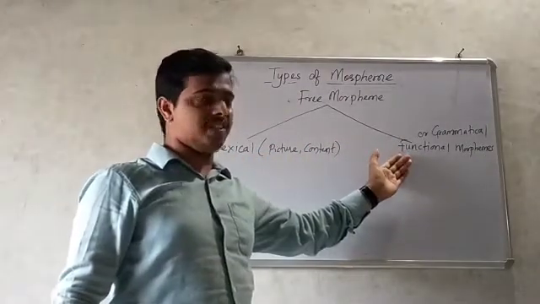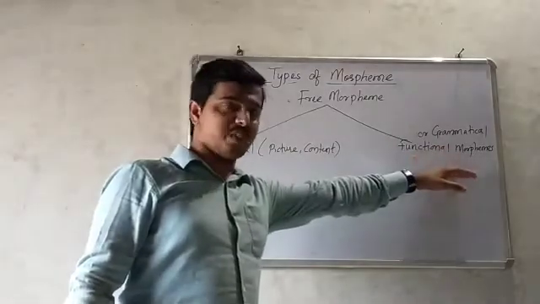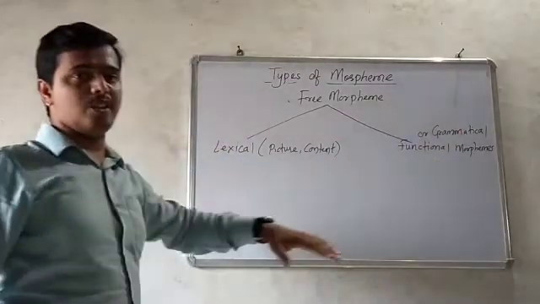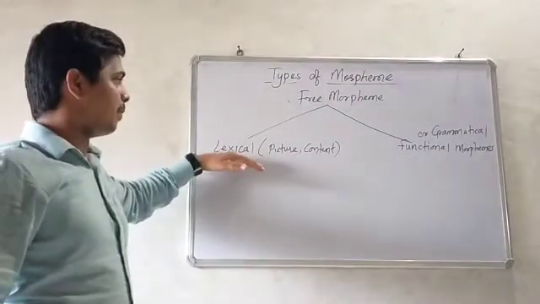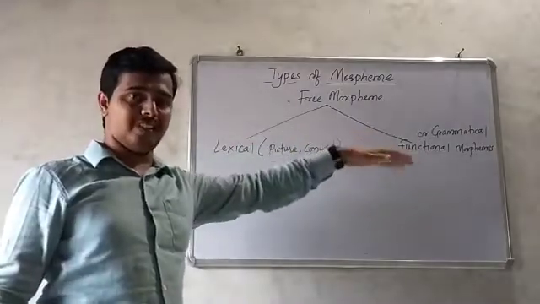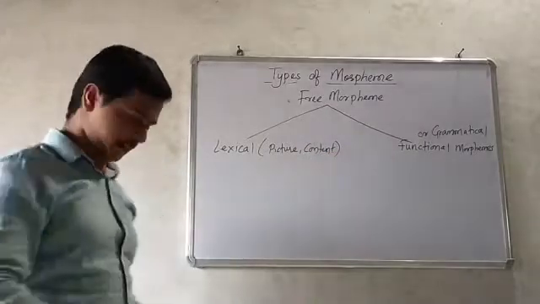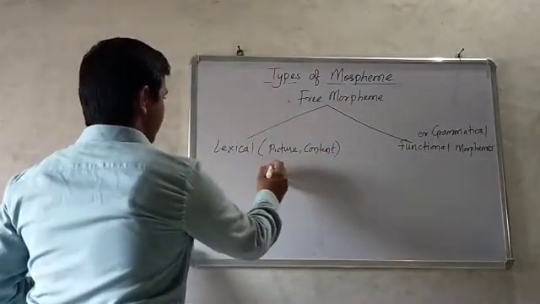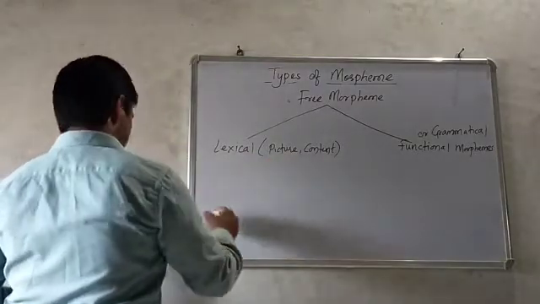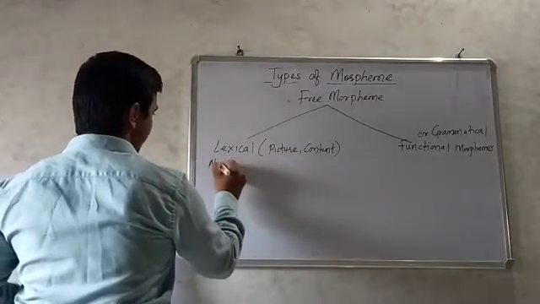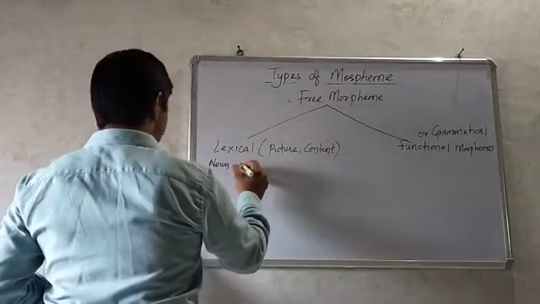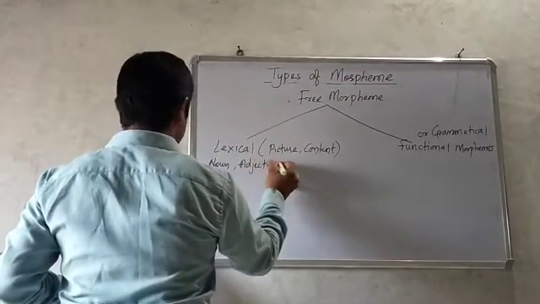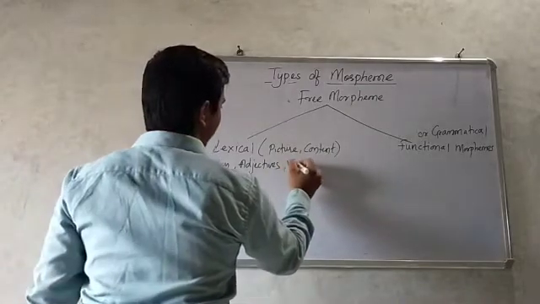And the second type is functional morphemes or grammatical morphemes. So let us know what lexical morphemes and functional morphemes are, with their examples. In lexical morphemes there come nouns, adjectives, verbs and adverbs.